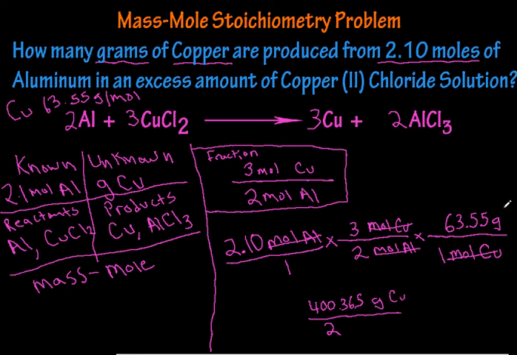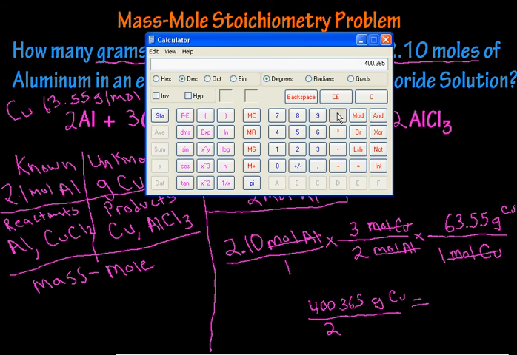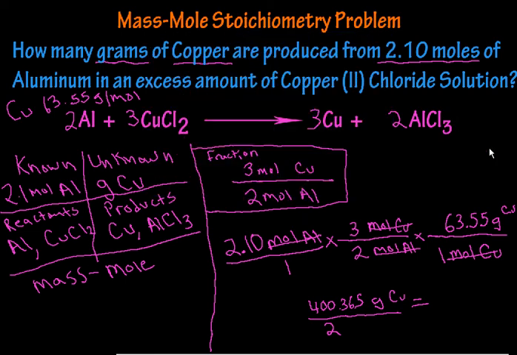Oh, grams of copper up here. So now I'll just divide that by 2. And we have 200.1825 grams, and that was copper.